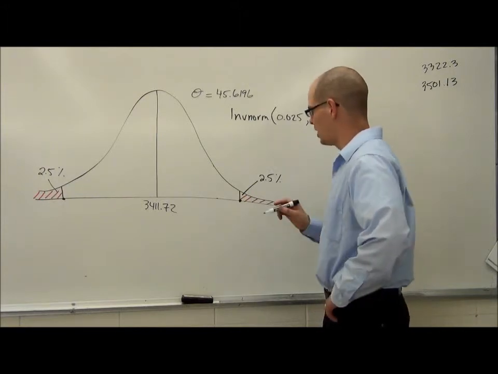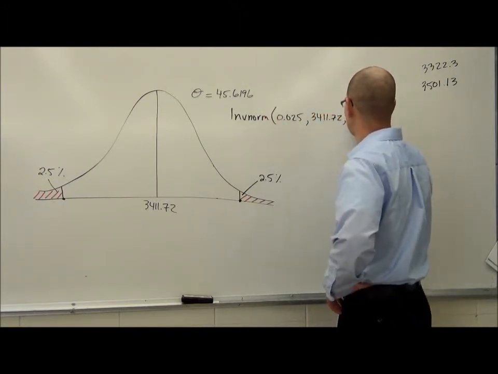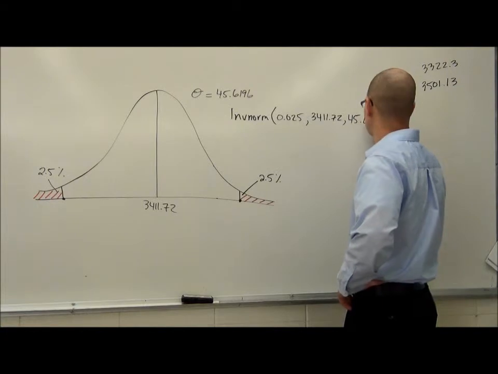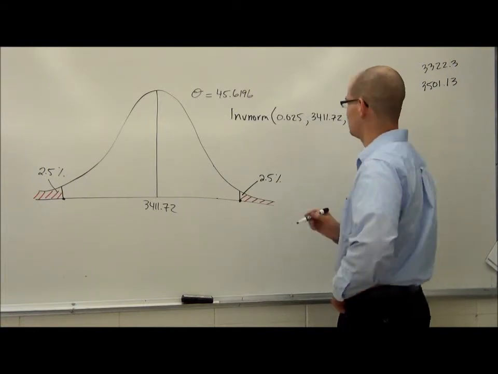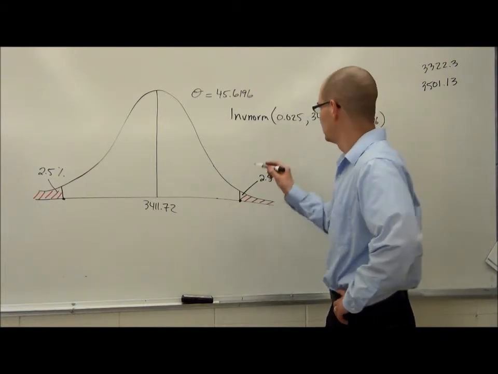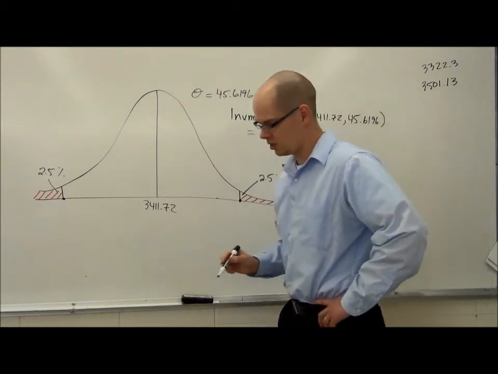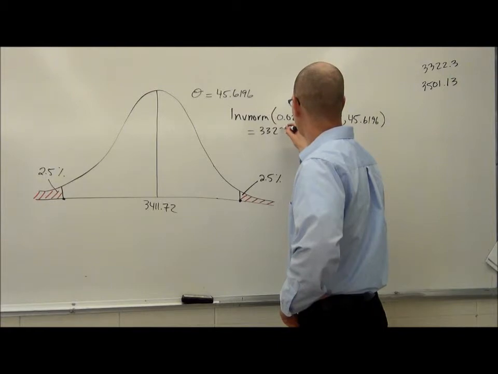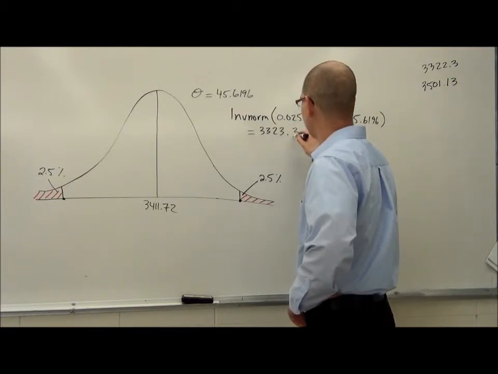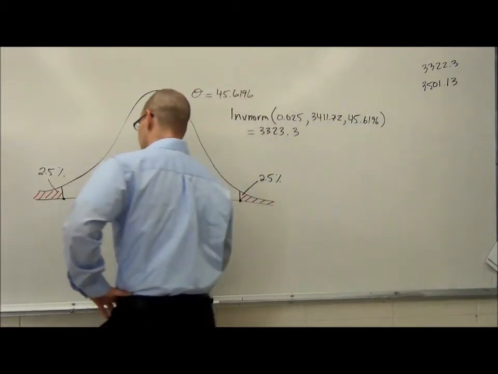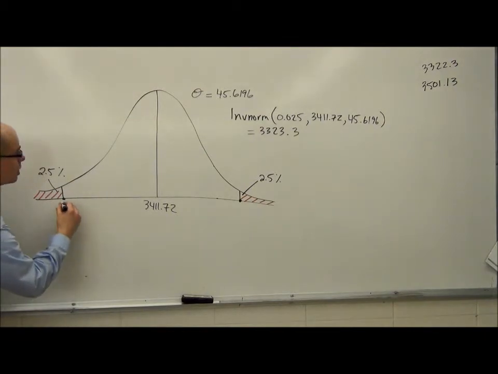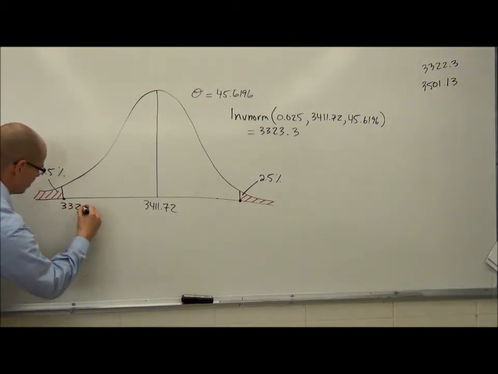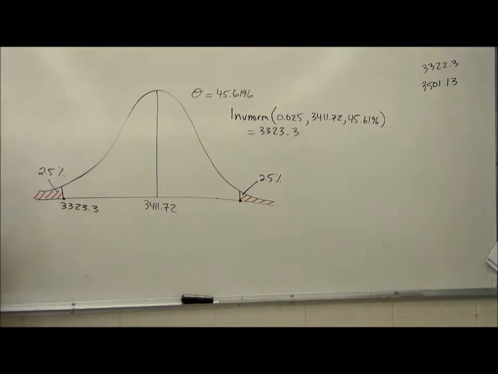And then a comma, and I'm going to put in the standard deviation, which is 45.6196, and I'm going to close my bracket. If you actually put that in your calculator, it's going to come out with 3,323.3. So that means that this data point right here is 3,323.3. So that's our lowest left value for this 95% confidence interval.